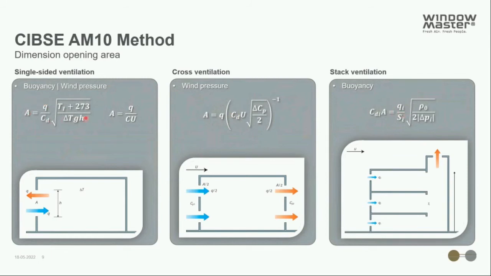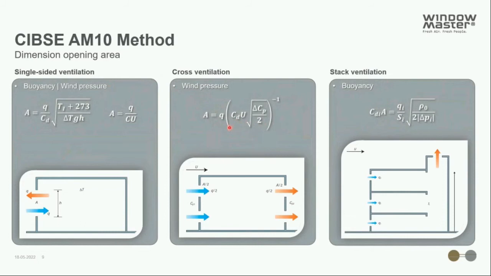And it's important for this method that we are defining the airflow balance ourselves, meaning for the case to the right here, you can see that the airflow going out through the roof needs to be equal to all the airflow coming through the facades. And this is something we need to define ourselves when using these equations.